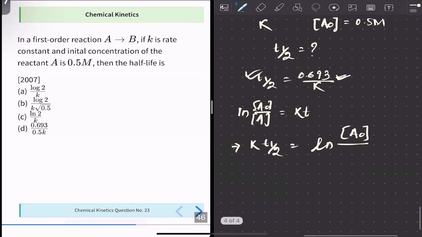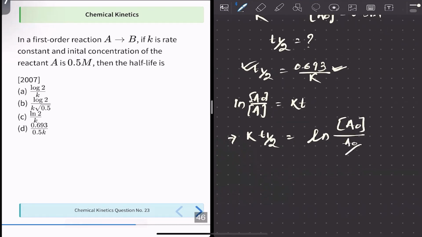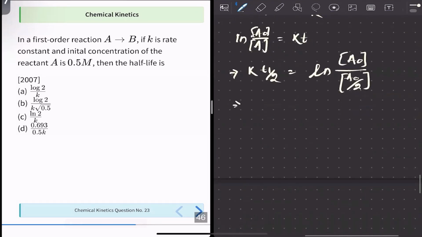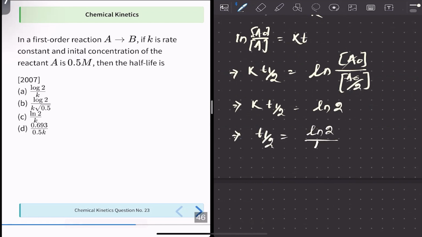The A value will be A naught by 2. So K T half will be ln 2. So the T half value will be ln 2 divided by K.